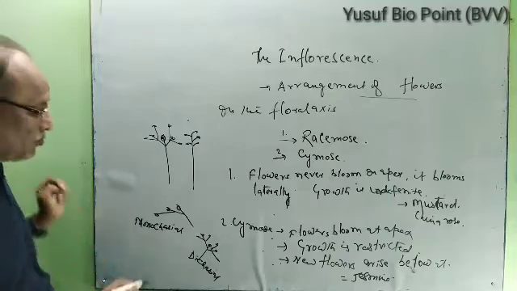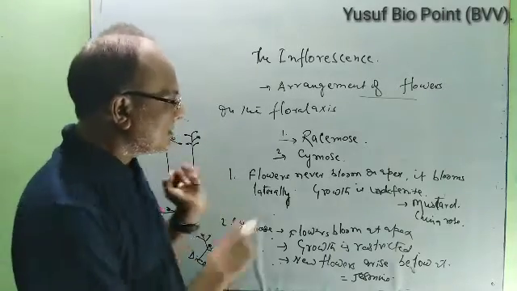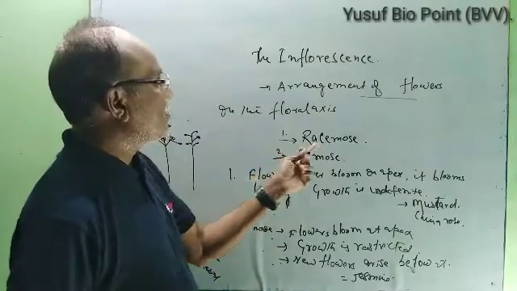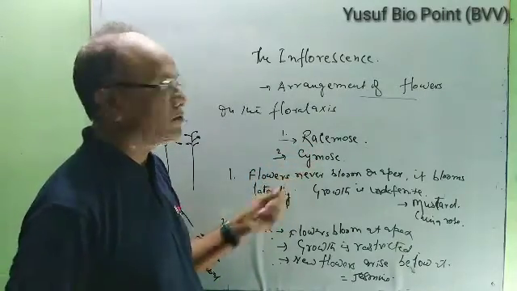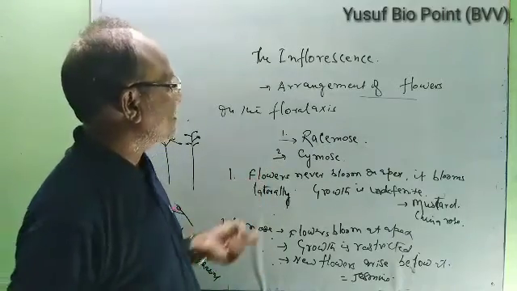If many flowers bloom at a point, that is polychasial. So there are several types, but you should know that racemose and cymose are the two main types of inflorescence.